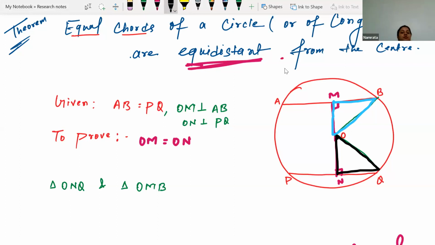Here what we know is angle M is 90 degrees, angle N is 90 degrees. What else do we know? Anyone? O is common. What else do we know here?